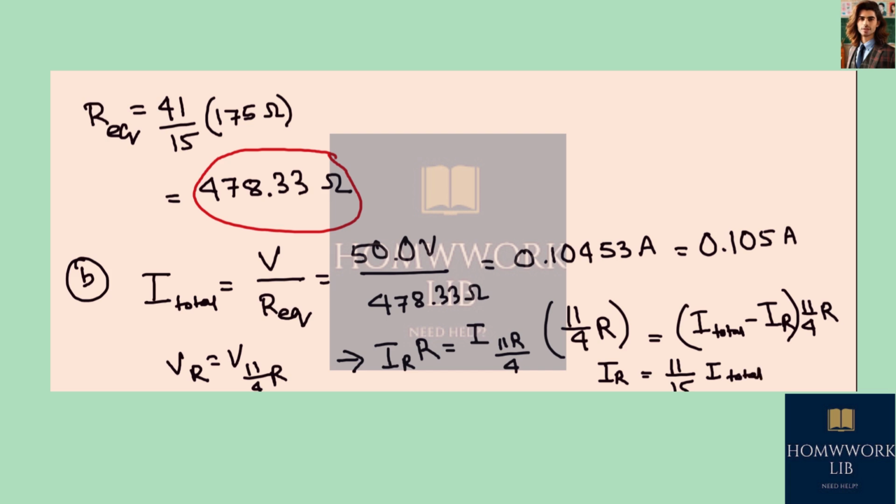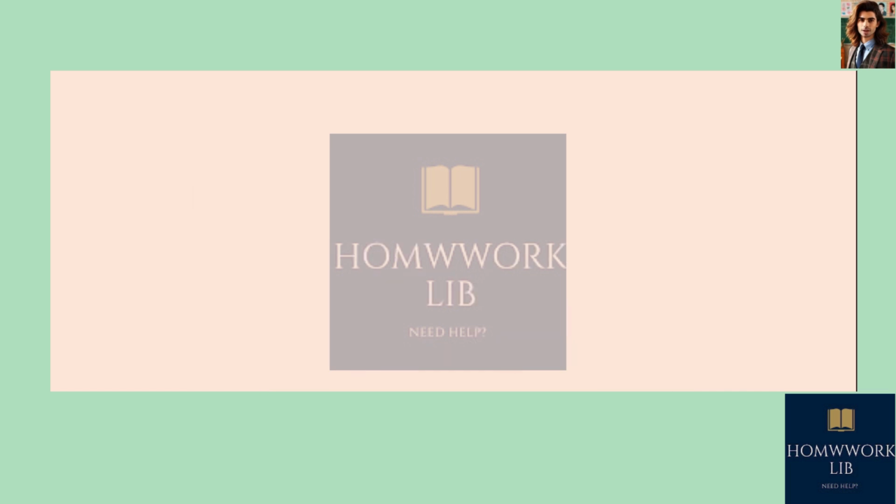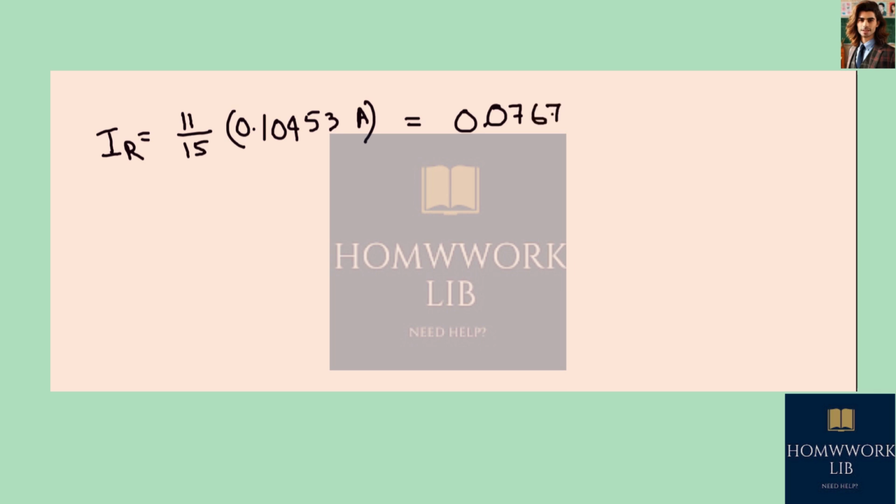And since we know the value of I total, we can put that number, and that gives us our I_R as 11 over 15 times 0.10453 amperes, and that comes out as 0.0767 amps.